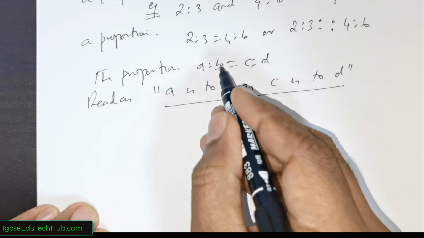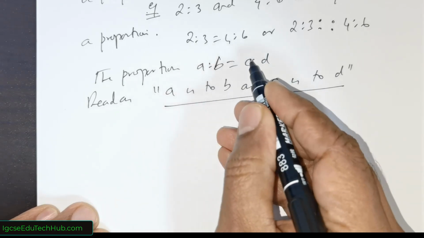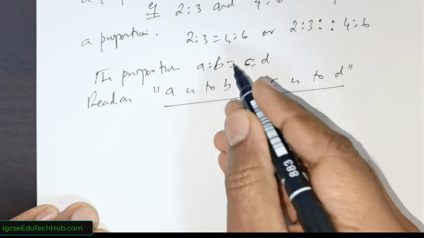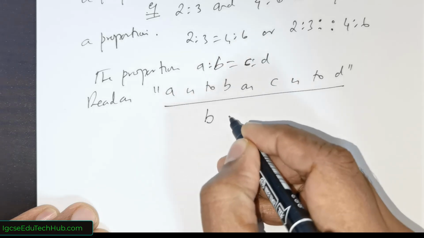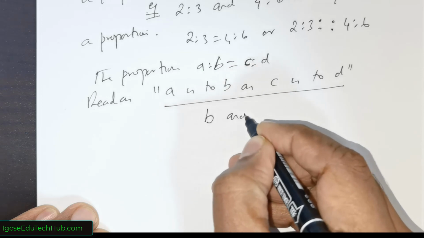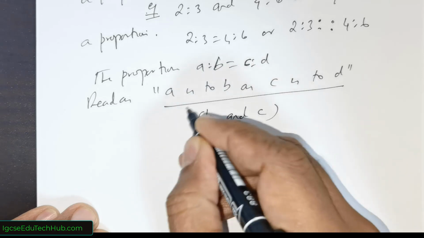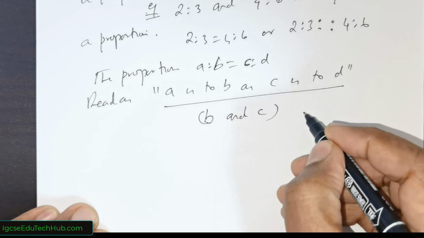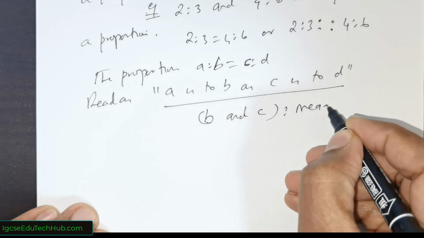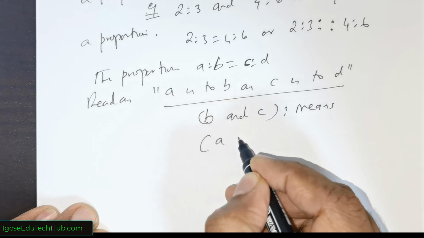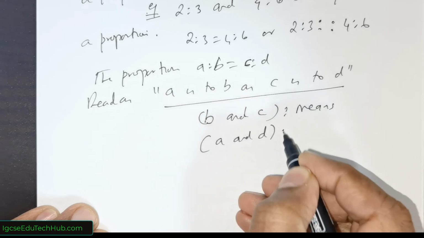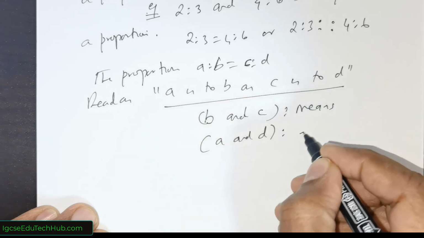Now the members, or elements, B and C are the inside members, and they are called the means, and the outside members A and D are called the extremes.